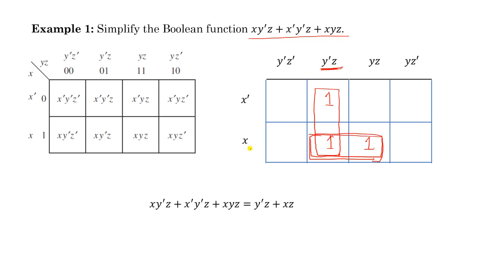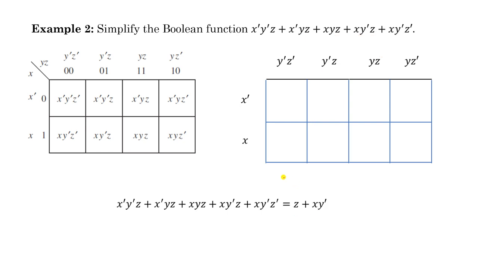In these two, x is same, and if you observe, here it is y, here it is y dash, only z is same. So this is equivalent to x z. So this vertical column is equivalent to a term with two literals, that is y dash z, and second, this horizontal block is equivalent to x z. So in this way you can simplify a Boolean function.